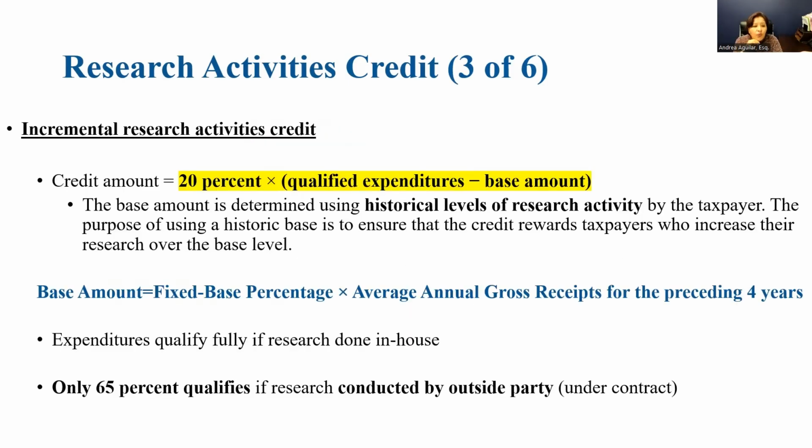So we said that we have 3 parts in this research, right? The incremental research activities credit. So we have our credit amount that is 20% times the qualified expenditure minus a base amount. So what is the credit? 20% of the qualified expenditures minus the base amount.